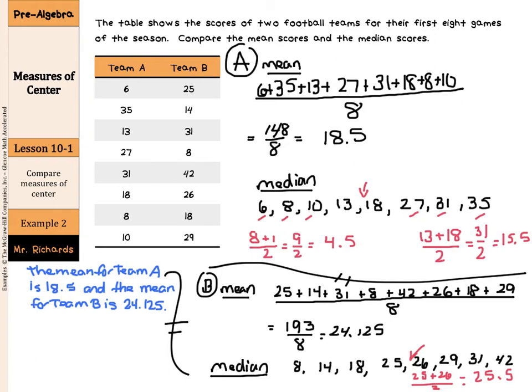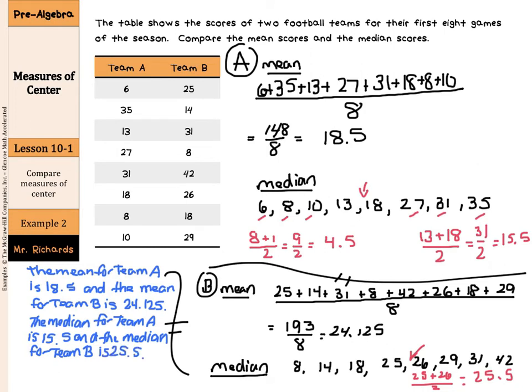What about the medians? Well, the median for team A is 15 and 5 tenths, or 15 and a half, and the median for team B is 25 and a half, or 25 and 5 tenths.